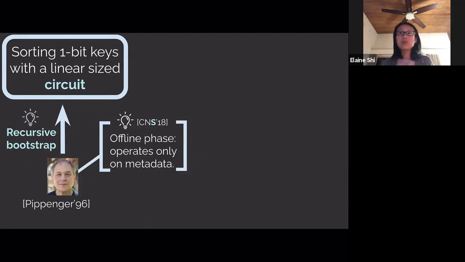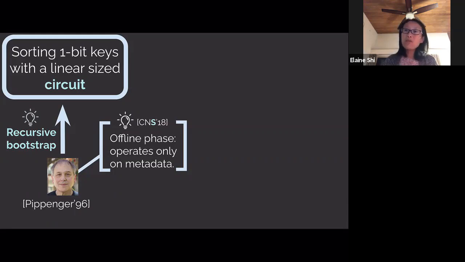Essentially, we start with Pippenger's self-routing superconcentrator. Imprecisely speaking, if we directly converted his superconcentrator construction to the circuit model, it would incur n log n. But we can rely on a cool observation that was made in an earlier work on constructing small depth perfect oblivious parallel RAM. In that work, we observed that Pippenger's superconcentrator construction has an online phase and an offline phase.